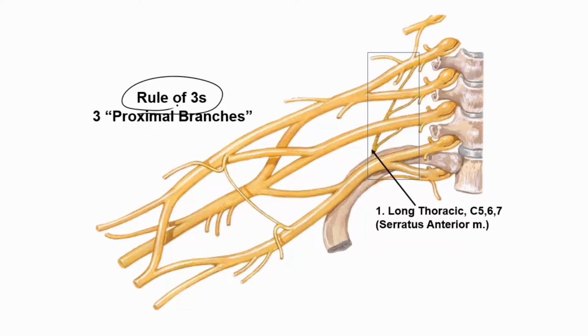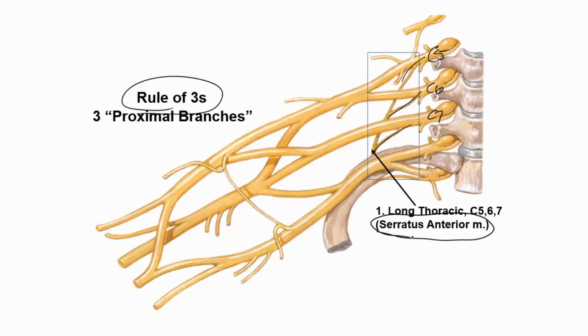called the long thoracic, and that has fibers from spinal segments C5, C6, and C7. Remember that this was the C5 root, C6 root, and C7 root. So the long thoracic is formed from the union of fibers from those spinal segments. That particular nerve will supply the serratus anterior muscle.